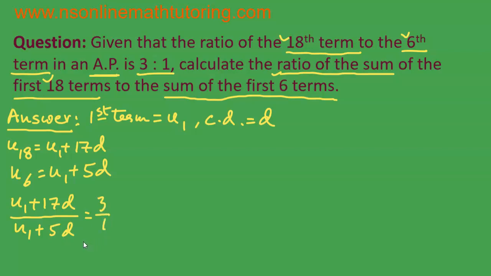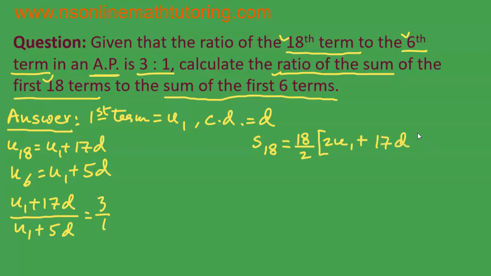Okay. Now let us come to the summation part. Let us see if we can find any relation between these two ratios. So, the sum of the first 18 terms, S18, should be equal to 18 over 2, and 2 times U1 plus n minus 1, that is 18 minus 1, which is 17D.